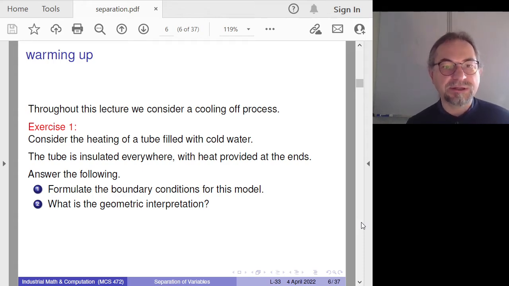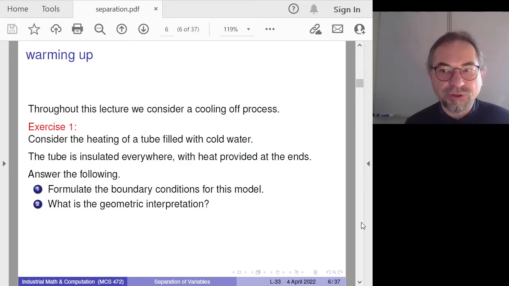But now actually heat is provided at the ends. So you could think about a hot water surface where the water actually circulates. I think that's a little bit too complicated a model, but so there is heat provided at one end.